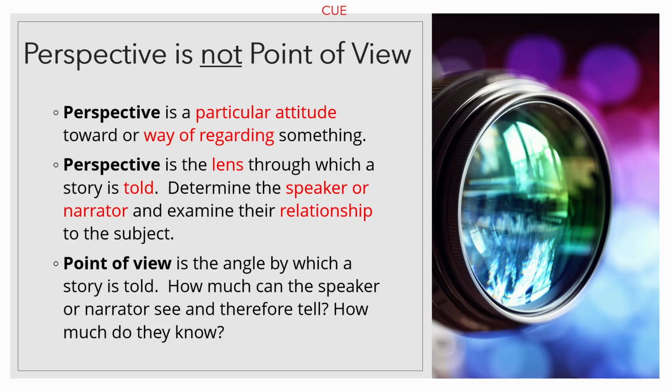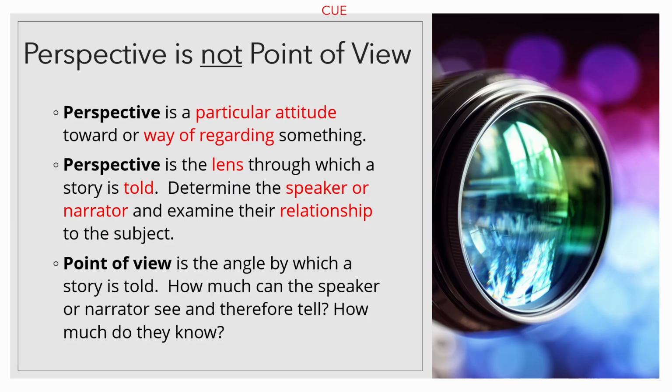Next is perspective and point of view. Perspective is the narrator's attitude or lens. Point of view is how much the narrator knows. For first person point of view, we'll use I pronouns. Second person point of view, you pronouns.